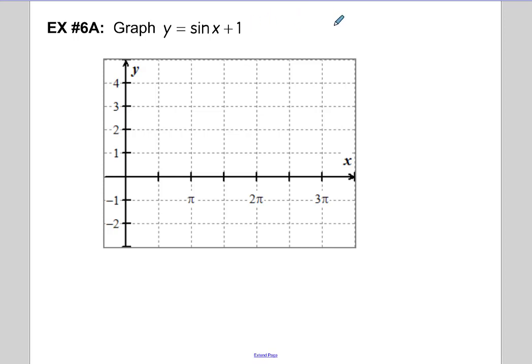It's not saying sine of x plus 1. Don't confuse that. This is the sine of x, and then add 1 to that graph. So we've translated the graph up. This is called my D value. So it makes my midline at 1.